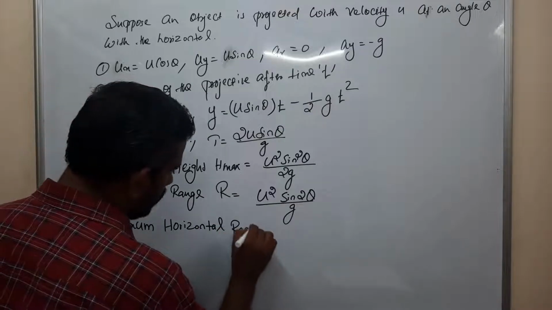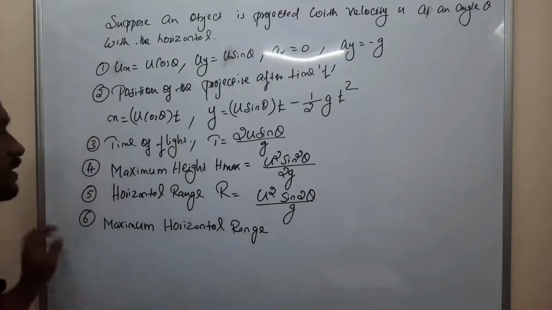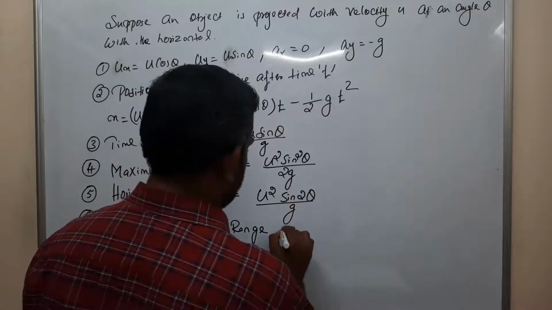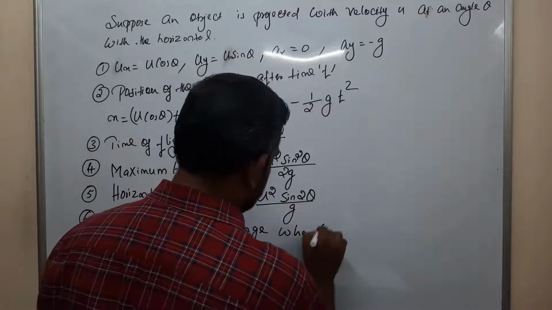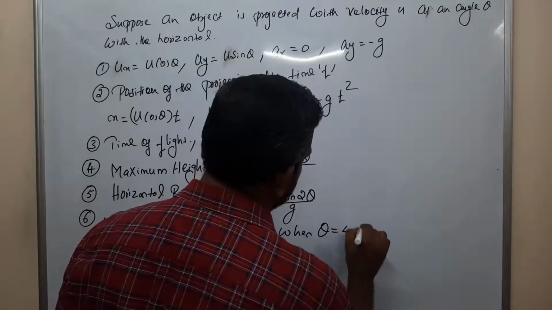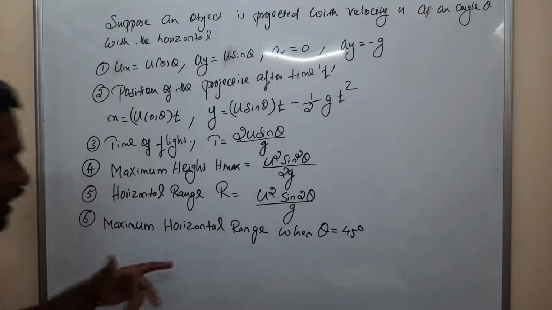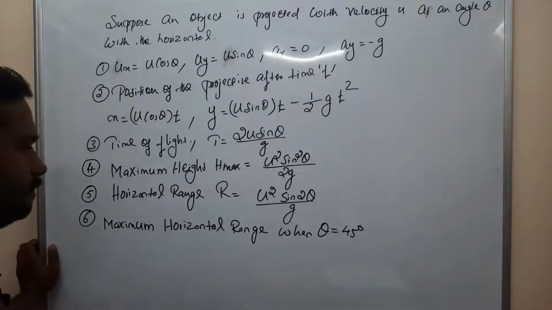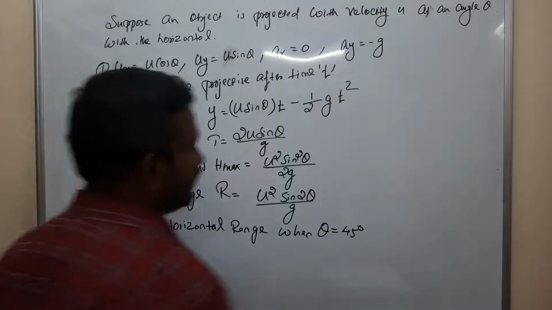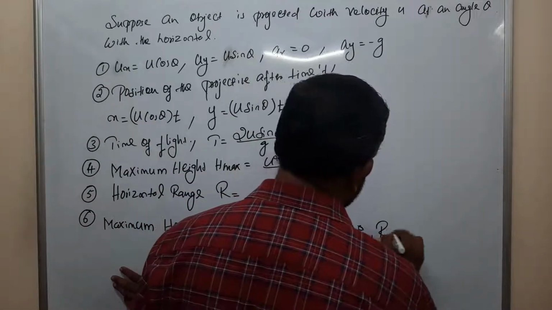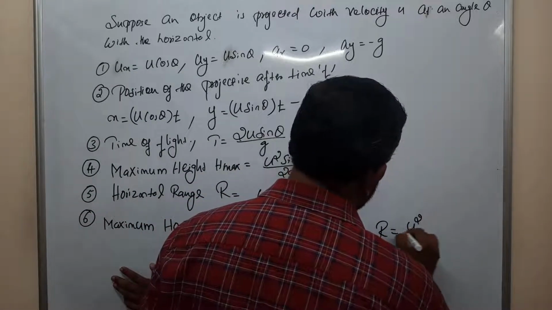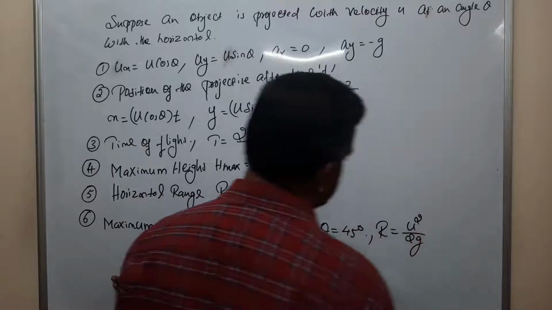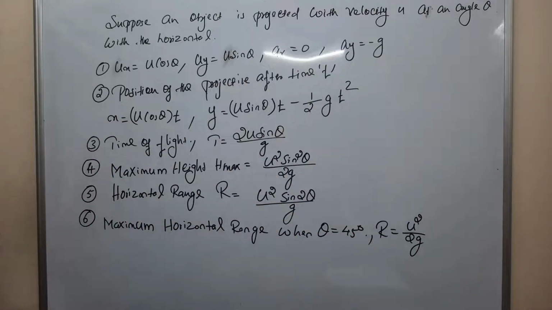The maximum horizontal range occurs when theta is equal to 45 degree, that is, the angle of projection is 45 degree. So what is the maximum horizontal range? R is equal to u square divided by 2g.